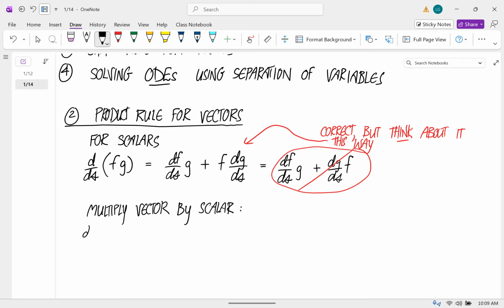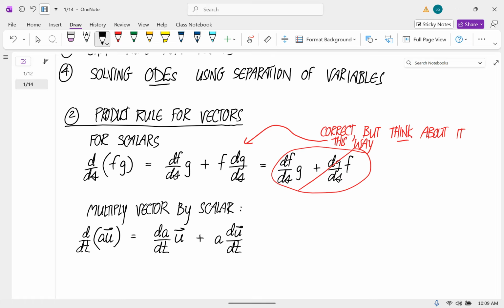So if you're taking d dt of a scalar a times a vector u, that is dA dt times u plus a times du dt.